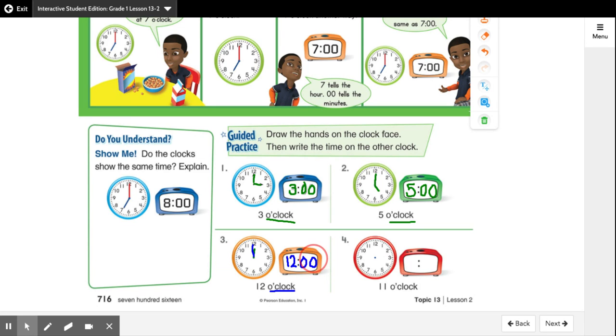All right, let's pause and think for a minute of where we would find these two different kinds of clocks. The analog clock, where do you think you would find the analog clock in your house? Maybe on the wall, right? Or you could wear around your wrist as the watch. We have these in our classroom as well. What about the digital clock? Where would you find a digital clock?